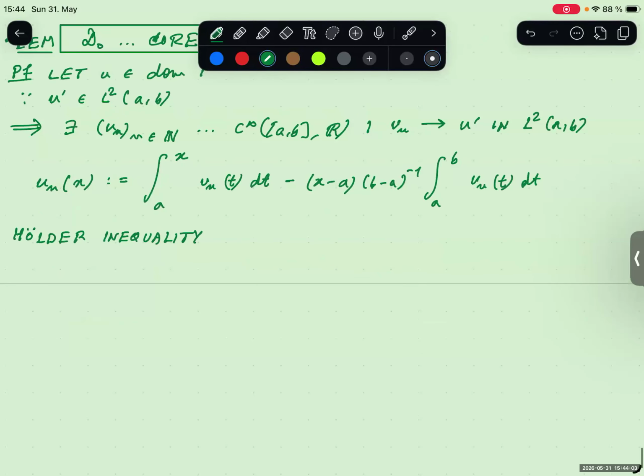That tells us that v_n also converges to u prime in L1(a,b). It's just a consequence of the Hölder inequality. It's a very interesting and important inequality, but nothing more is going on here. I know this is a jump, but please allow me.